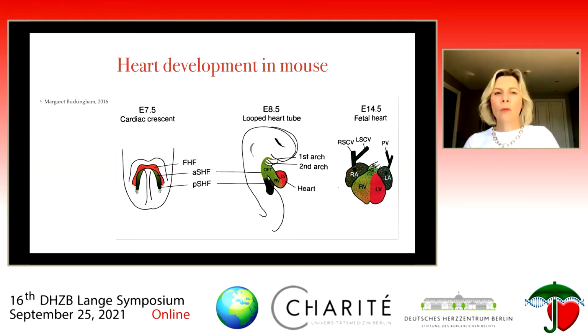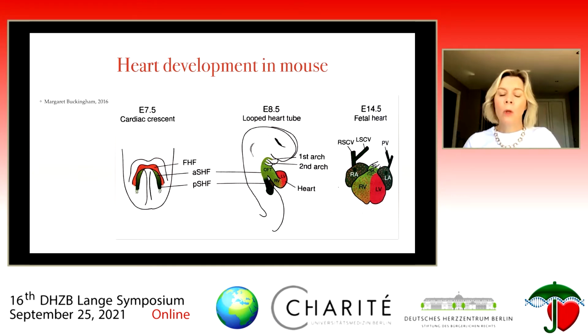So first of all, this is a diagram or a picture here showing you the heart development in mouse. And why I'm showing this is to remind you that the cardiac development is really complex. And therefore, I think it's very clear that congenital heart disease are the most common birth defects because it is happening very early in a very vulnerable phase of embryonic development.